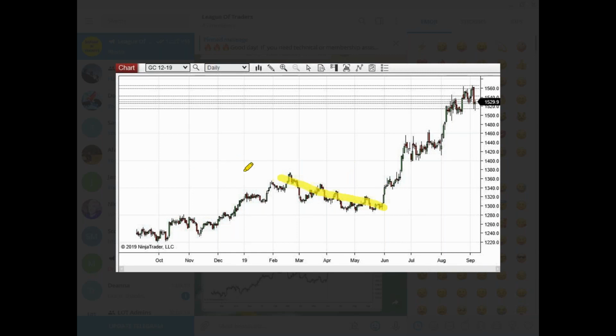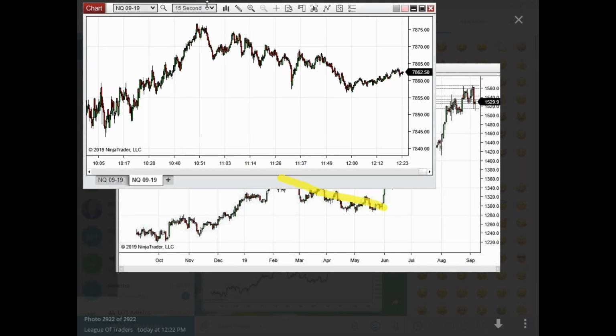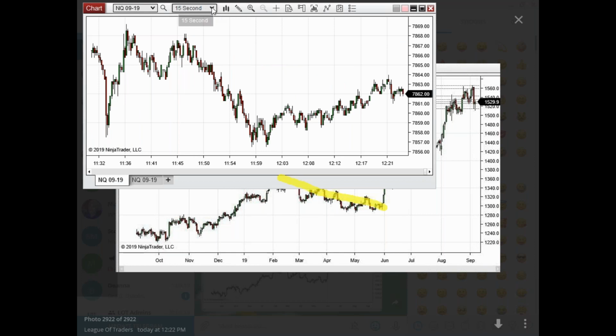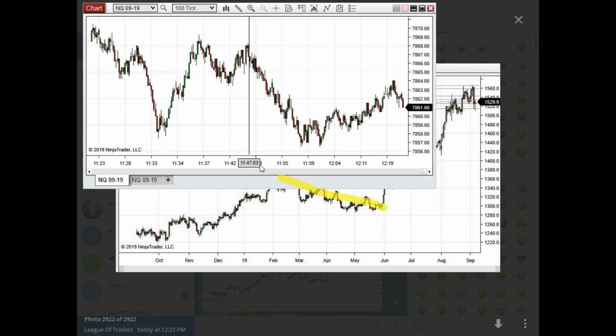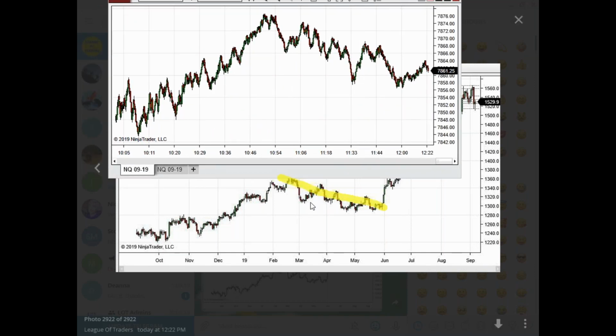Kind of the 100 tick almost now looks pretty similar to that too. If you pull up a 100 tick chart of the NASDAQ, let me grab that quick to show you the comparison. Very similar type of stuff going on here on this.